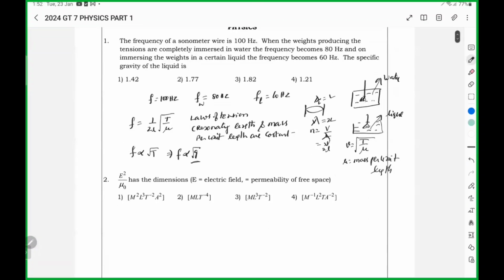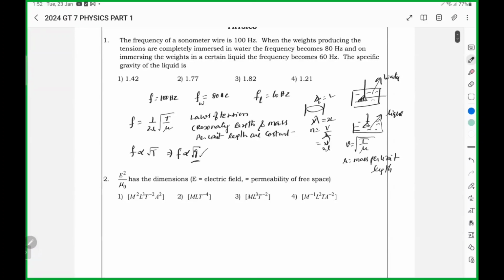In case the weights are in air, this one, and these weights are in liquid, there is an upthrust.